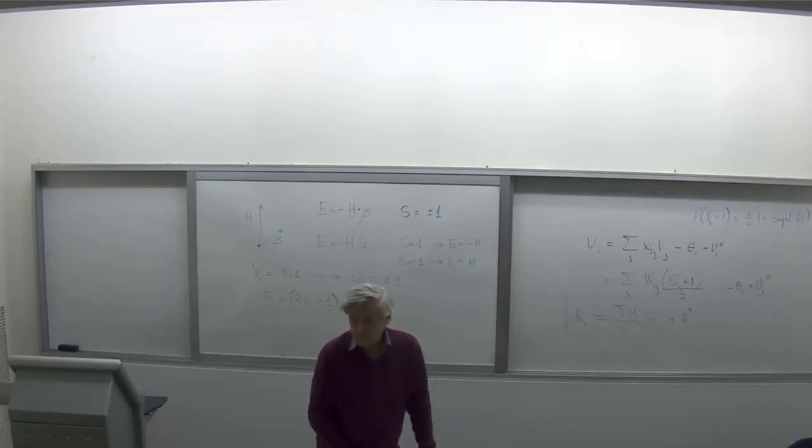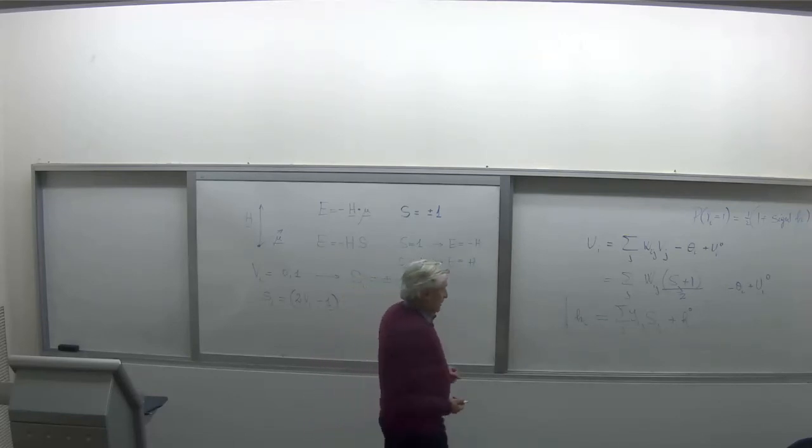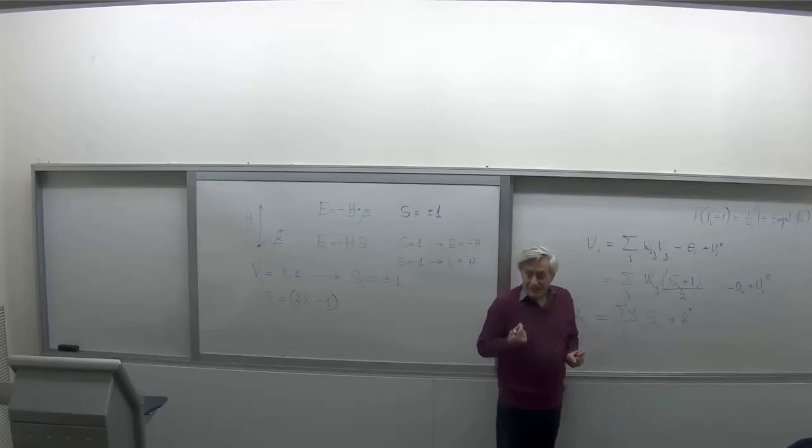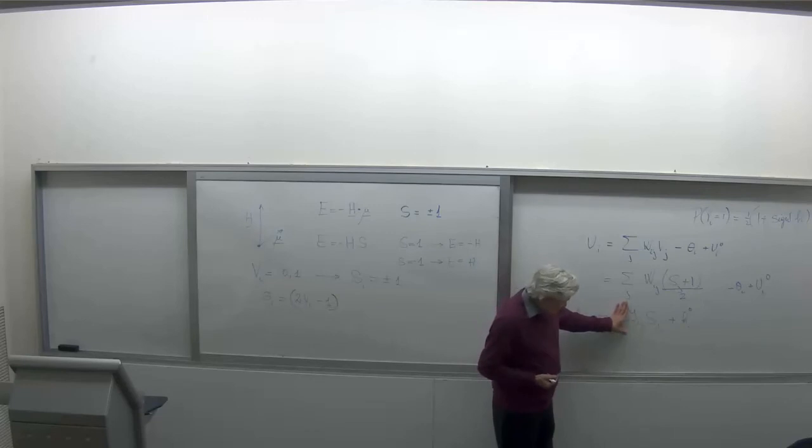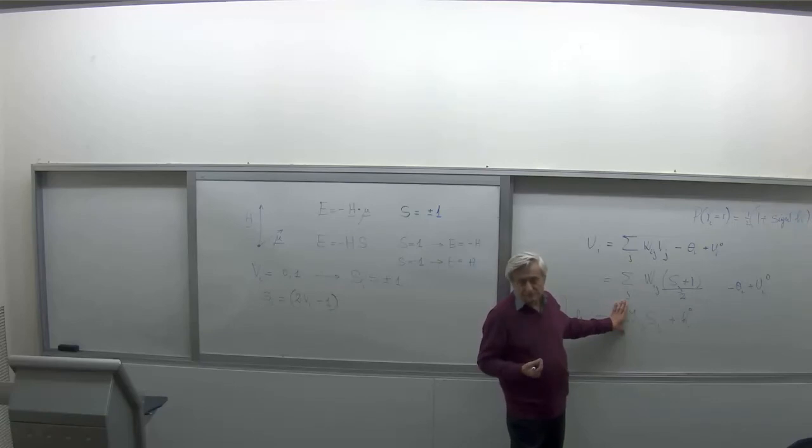And again, the letter H I'm using because physicists use letter H usually in this context to denote the magnetic field. And look what we have here. In the language of magnetic systems, this term is the magnetic field acting on dipole I due to the interaction with dipole J.